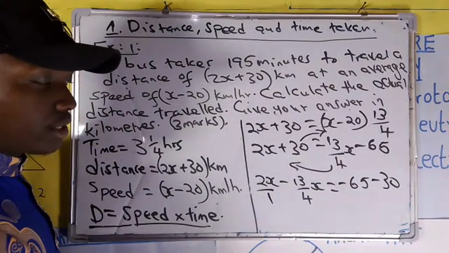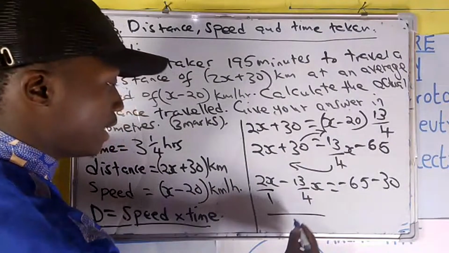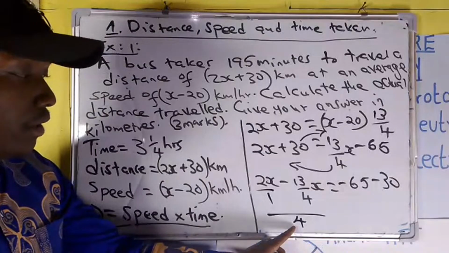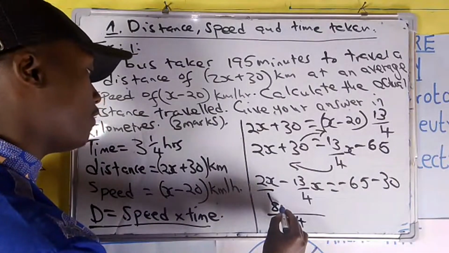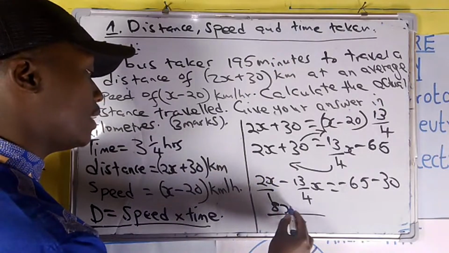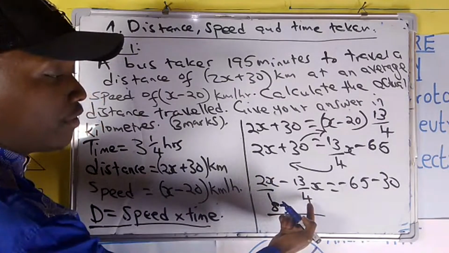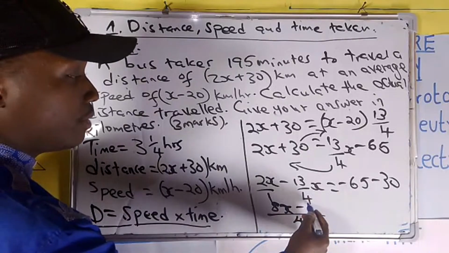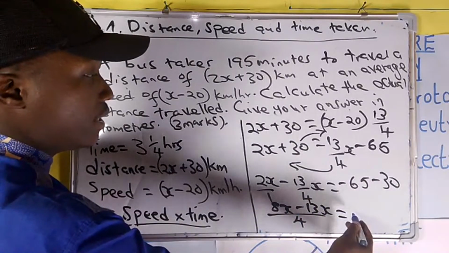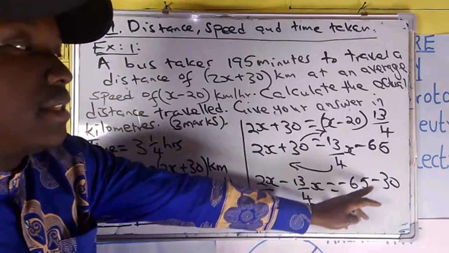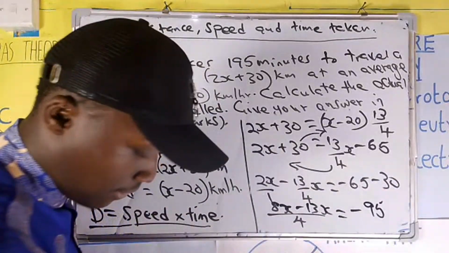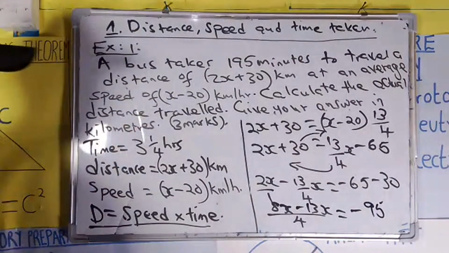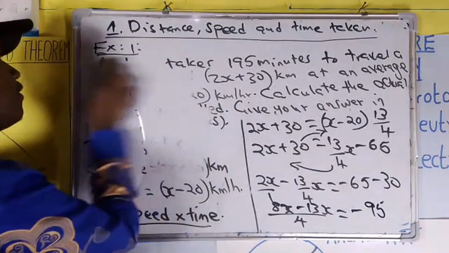We can take the 2h as over 1. So our LCM is 4. 4 divided by 1 is 4, 4 times 2h is equal to 8h. 4 divided by 4 is 1, 1 times 13h. It will be equal to negative 65 minus 30, which is equivalent to minus 95.